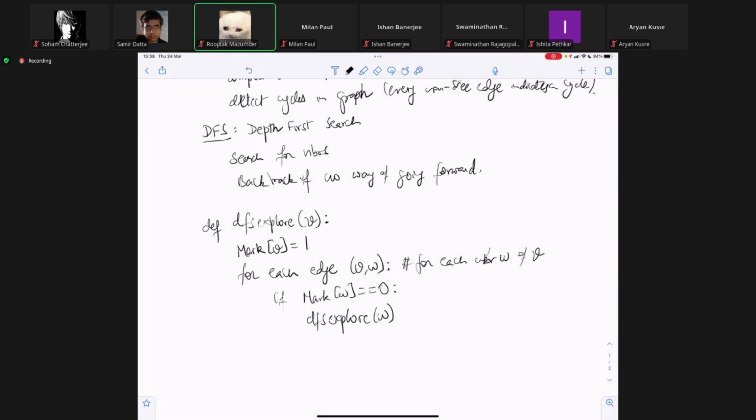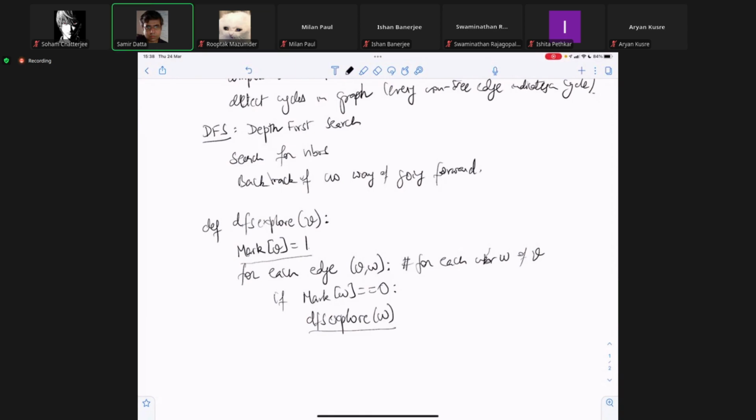Shouldn't we also mark the vertex over here? So you will call DFS explore W, which will come here and mark W equal to 1.